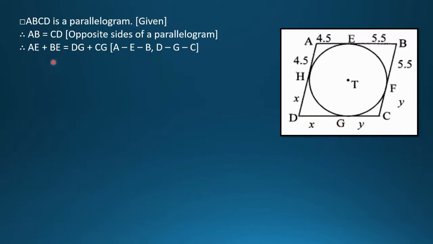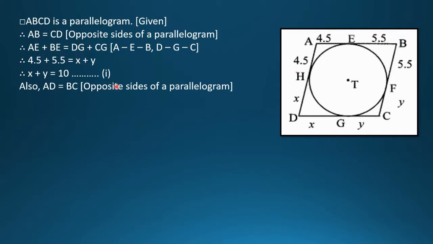So in place of AB, I'm substituting AE plus BE, and in place of CD, I'm substituting DG plus CG. AE is 4.5, BE is 5.5, DG is X, and CG is Y. So we'll just add this. 4.5 plus 5.5 is 10. So we get X plus Y is equal to 10. We'll call this equation 1.